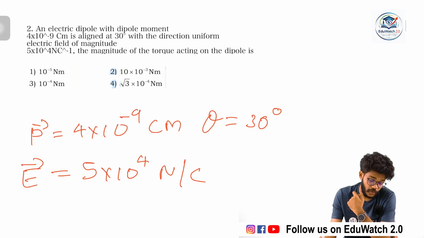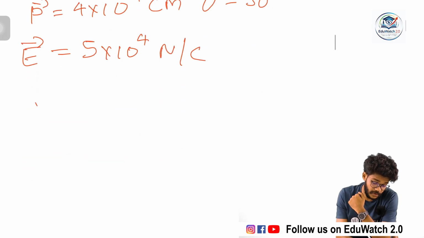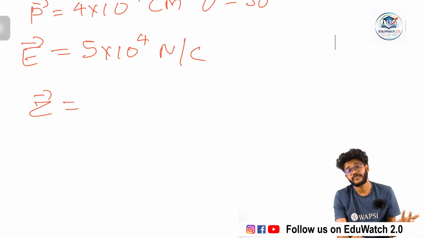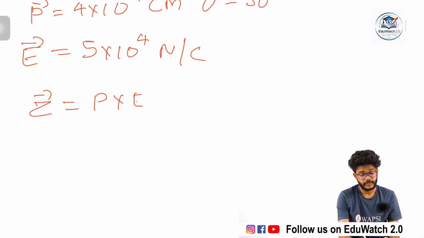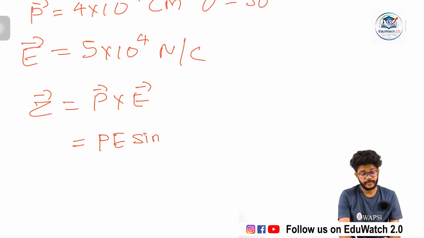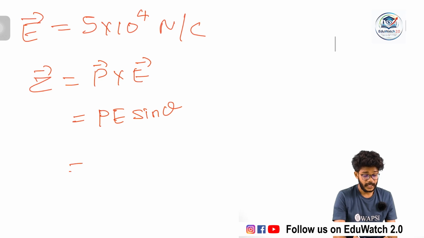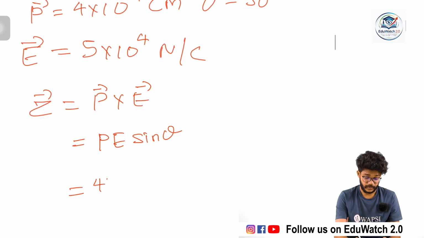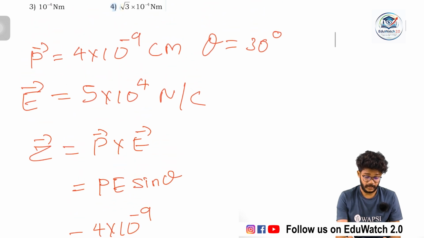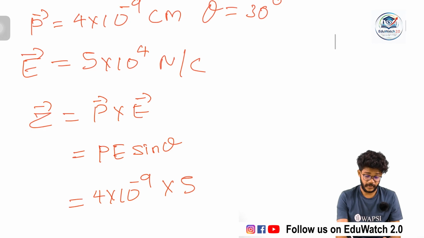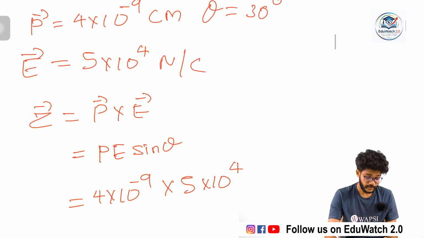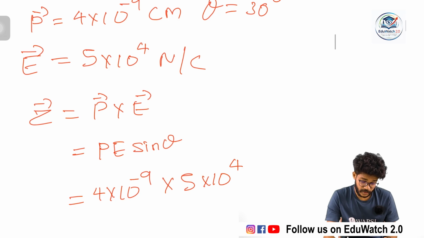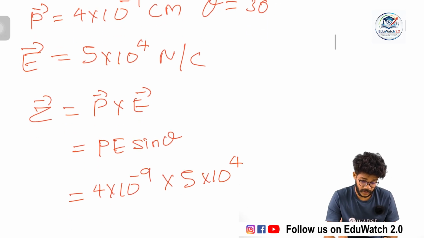The magnitude of torque acting on the dipole. So we want to calculate the torque. What is the equation for torque? P cross E. Okay, so which is equal to PE sin theta, and theta is 30 degree, and substitute the values, 4 into 10 raised to minus 9 is multiplied by 5 into 10 raised to 4 is multiplied by sin 30.